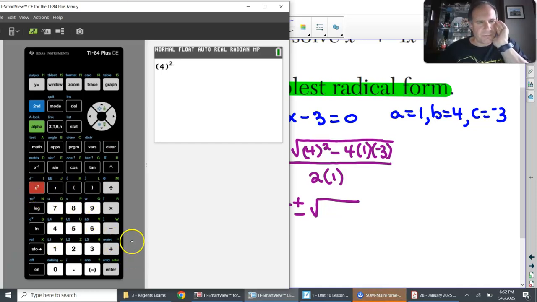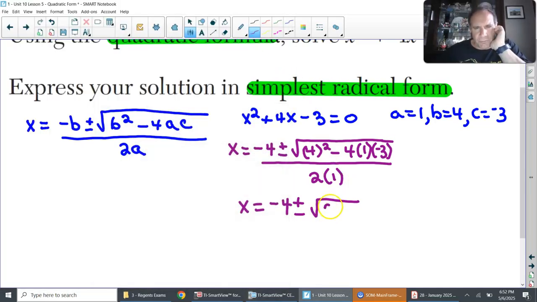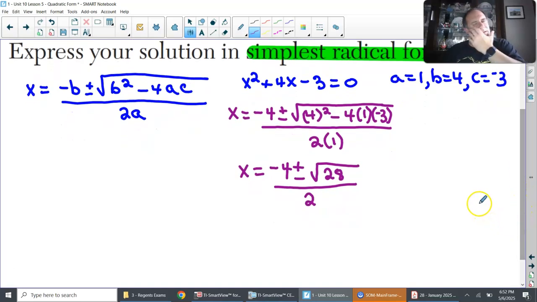So this is 4 squared minus 4 times 1 times negative 3. And if you see what that equals, that is equal to 28. Now you could put 28 down here, and then that's all over 2. So this right now is not simplest radical form.